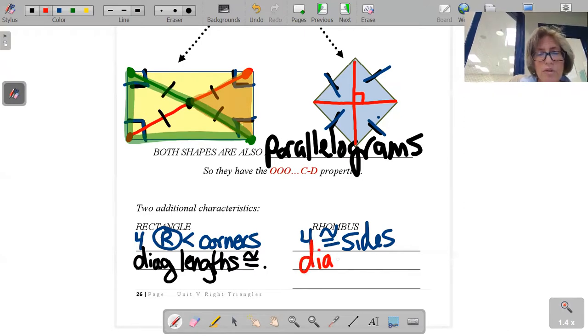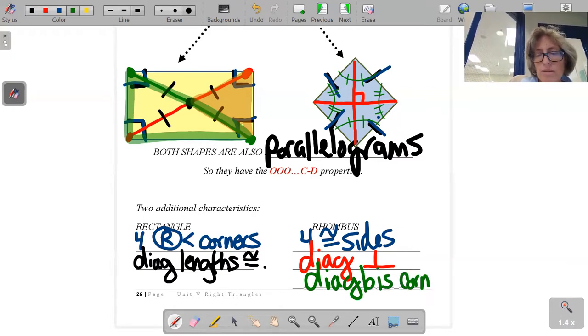The diagonals are perpendicular, which creates a right angle in the middle. And the diagonals also bisect the corners. Notice the hatch marks, equal that way, equal this way. So the last one here, the diagonals bisect the corners. You need to memorize all these qualities. They're going to come into play.